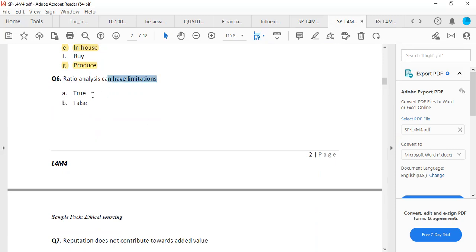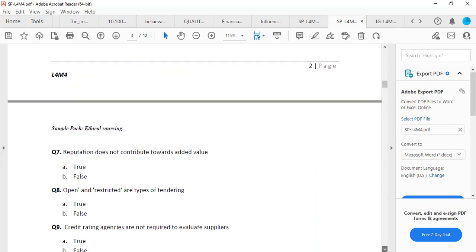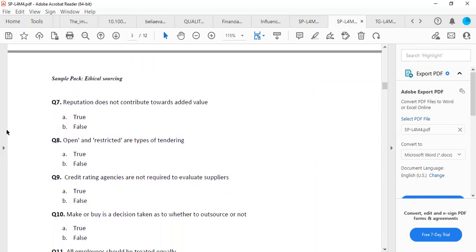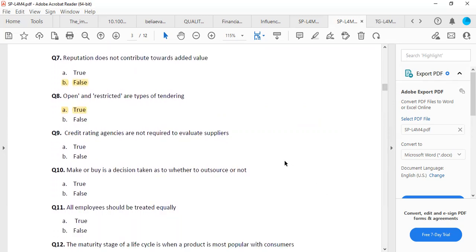Then we can look at question 6. Ratio analysis can have limitations, true or false? True. Okay. Reputation does not contribute towards added value, true or false? False. Open and restricted are types of tendering, true or false?